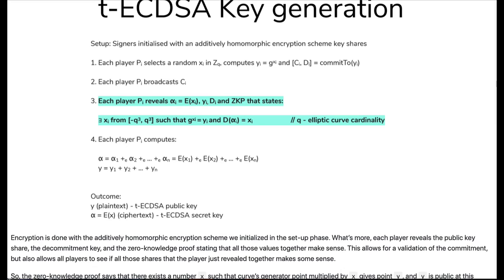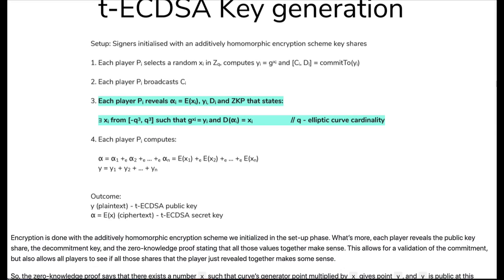Okay, we know that there exists in this some sort of a point that is based on collectively all of the x's, and that's the private keys. And we know that it is on the curve, and we know the public key. We know we have a generator for that public key that when it's multiplied by the collective set of all of these public keys is going to give us our end public key.